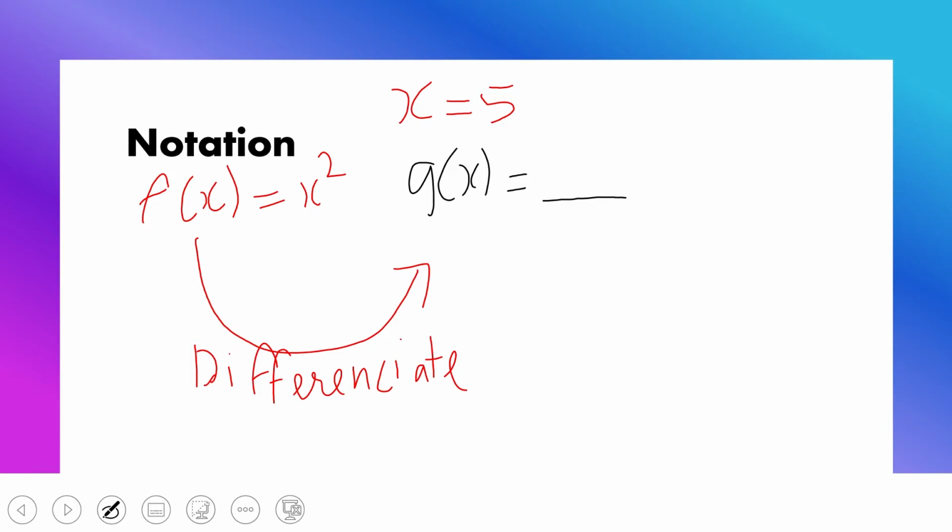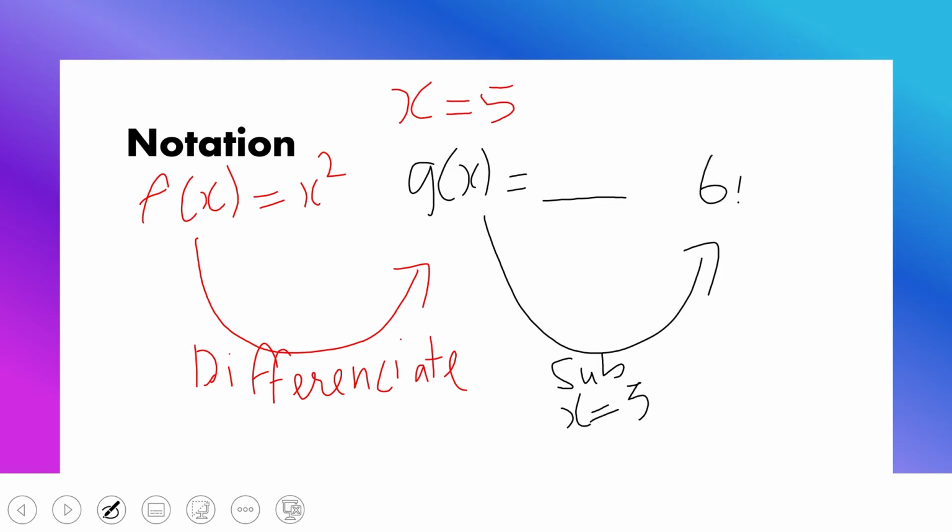So when you get this function, you can just simply sub in x equals 5, and then you get the gradient. So it is a pretty simple step. You have initial, let me just get a laser pointer. You have initial equation f of x.